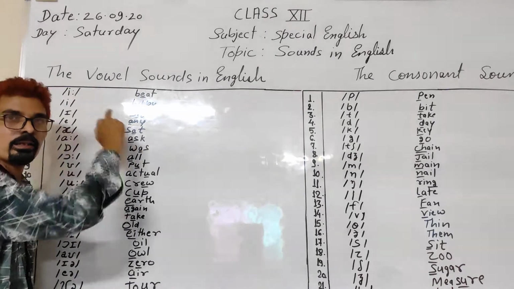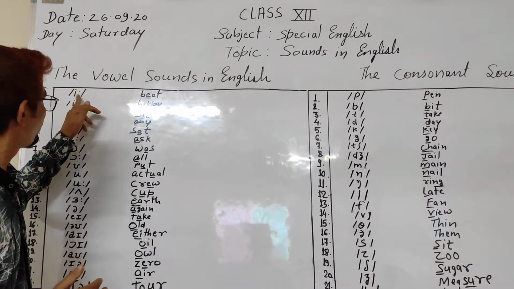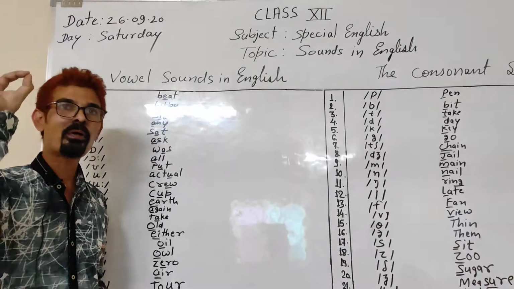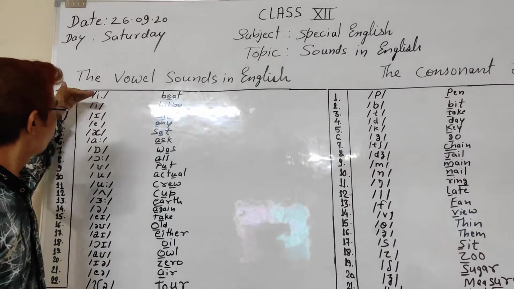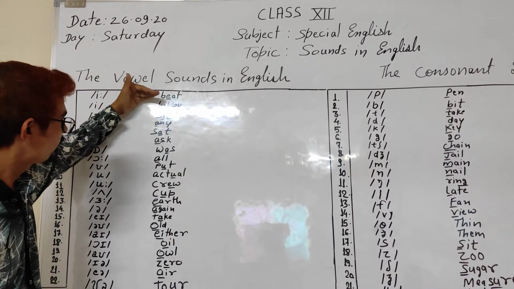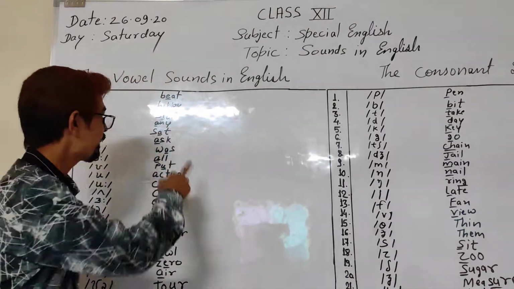The first symbol of sound is i with a double point, just like a colon. It sounds like beat. Here is the pronunciation.